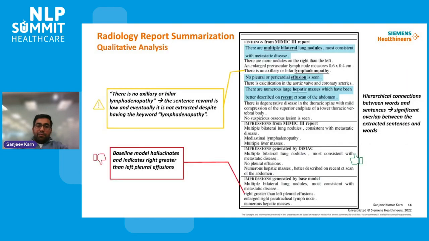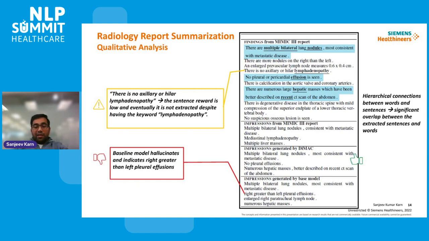Let's look into one example from the model. As you see, we have the summaries or impressions obtained from the MIMIC report. We have one from our DMAC system and one from the single agent sentence rewrite system, which is the baseline.